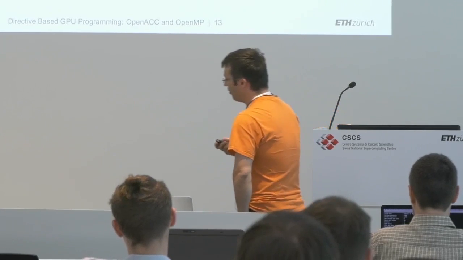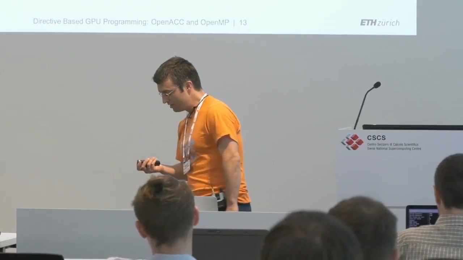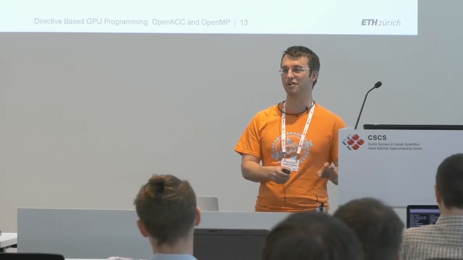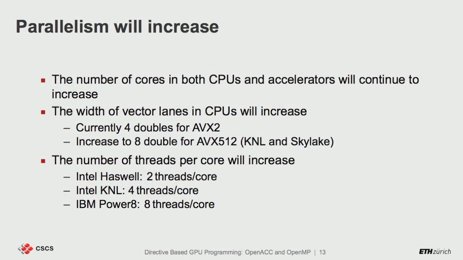So all this discussion is about parallelism that will eventually increase, and there's no sign that it's going to stop for the moment. So we have several dimensions of parallelism. One, as I said, is the number of threads per core. You see that not only do we have multiple cores, now each core has multiple threads.